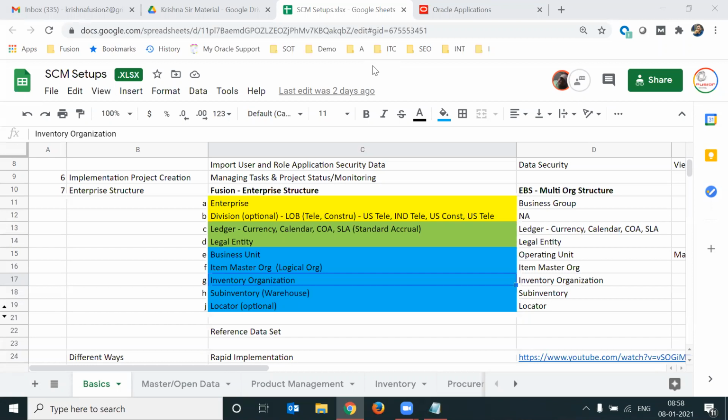The client may not know what is inventory org and what is business unit. You have to make the client understand, because this is Oracle application terminology, not business terminology. You have to explain these technical words in business slang.